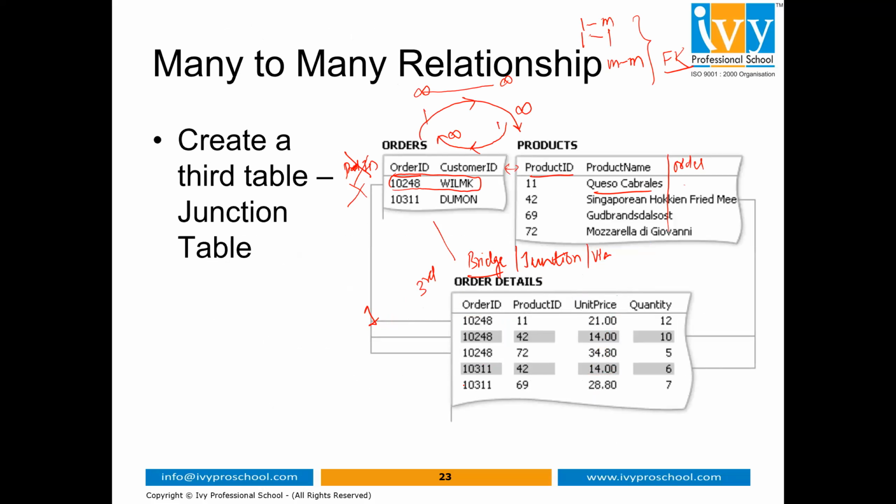Since it is 2NF right now, if you look into the order details table, the quantity is dependent upon the primary key entirely, that is the combination of order ID and product ID. So by placing this unit price into the products table, we are making it 2NF as well as 3NF, because all other elements are dependent on the primary key.